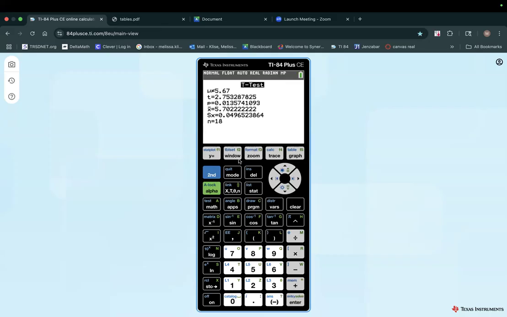So this gives me my x bar, the average of all the numbers I put in there. This is the standard deviation of all the numbers I put in there. And this right here is my p-value. First thing I'm going to look at is my test statistic, 2.75.